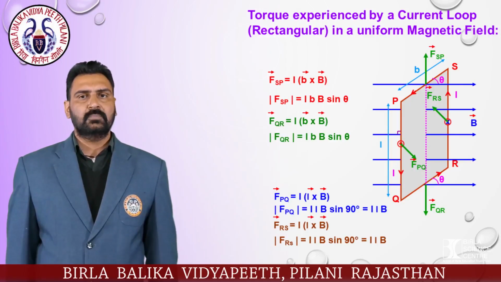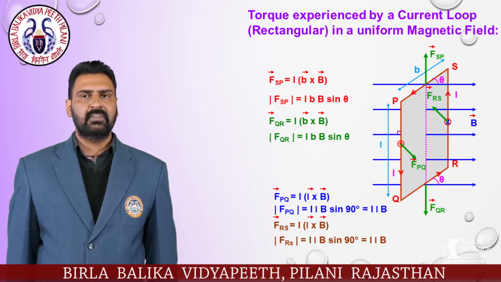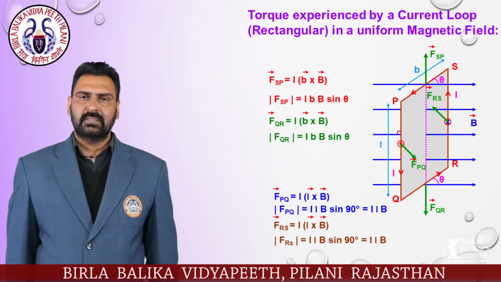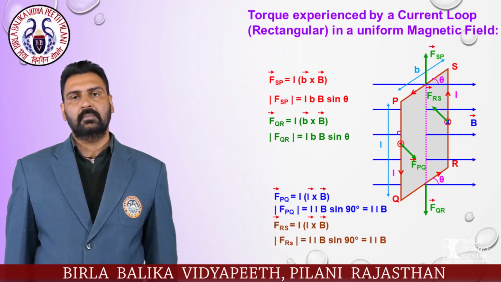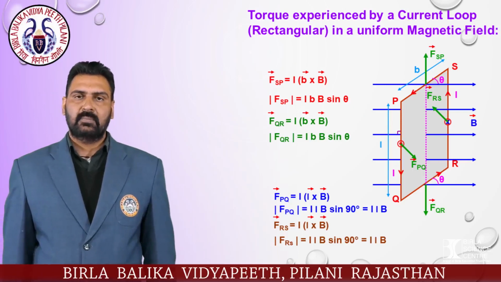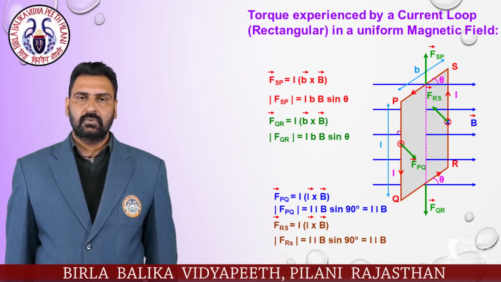Now, torque experienced by a current loop. Here we consider a rectangular loop in a uniform magnetic field. Let theta be the angle between the plane of the loop and the direction of the magnetic field. The axis of the coil is perpendicular to the magnetic field. So the force FSP can be written as I L cross magnetic field B, or the magnitude of force FSP is ILB sin theta.